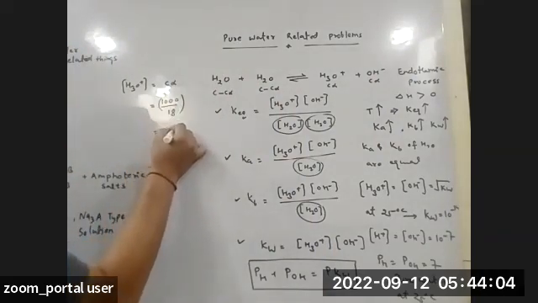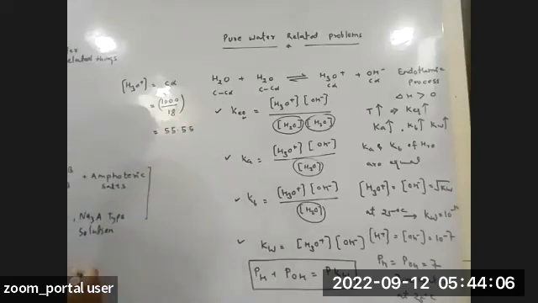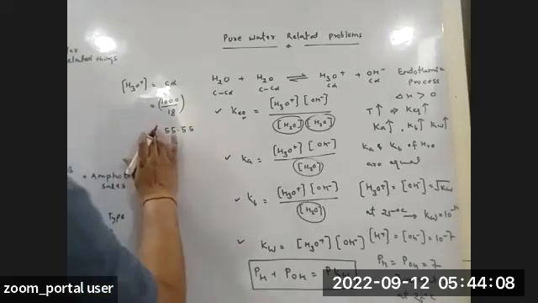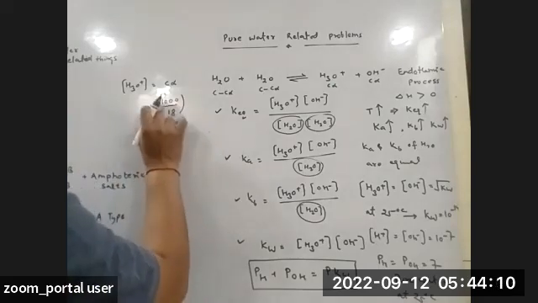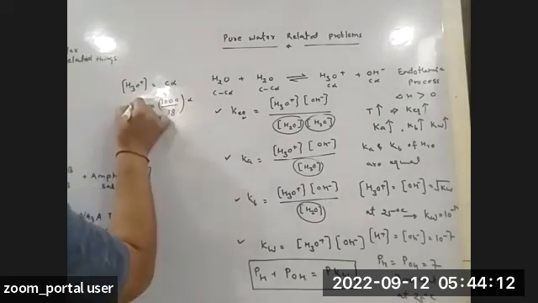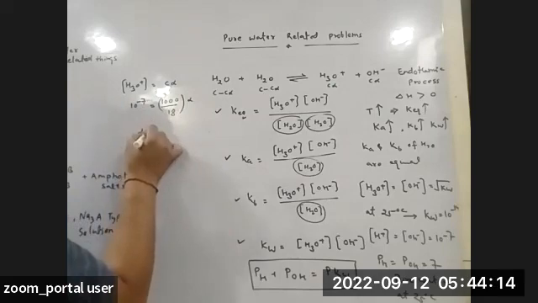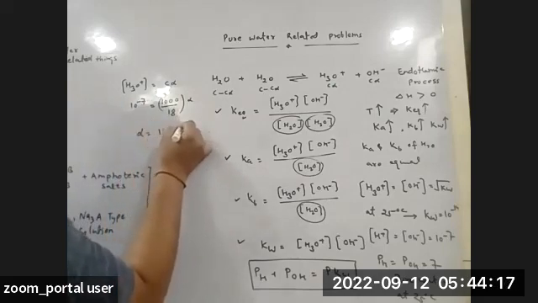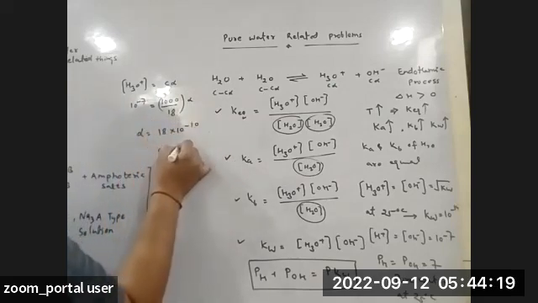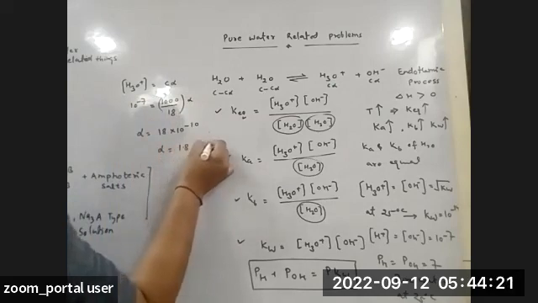So C into alpha is given 10 to the power minus 7. So alpha will be 18 into 10 to the power minus 10. Alpha will be 1.8 into 10 to the power minus 9.